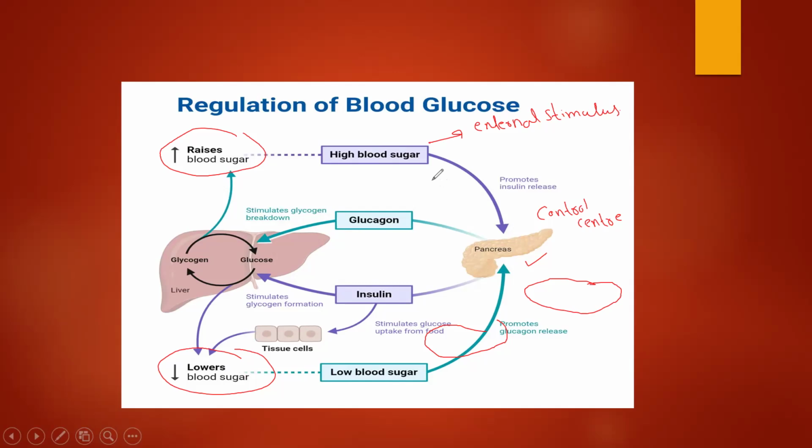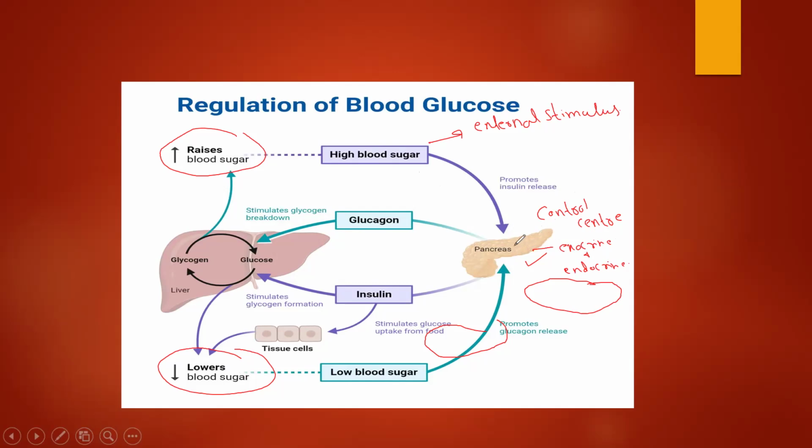When the blood sugar level is high, the control center is the pancreas, a gland which acts as both an exocrine and an endocrine gland. Here it will act as an endocrine gland.